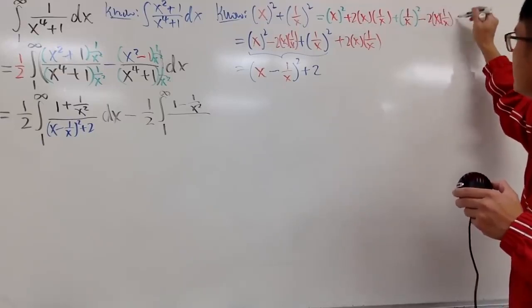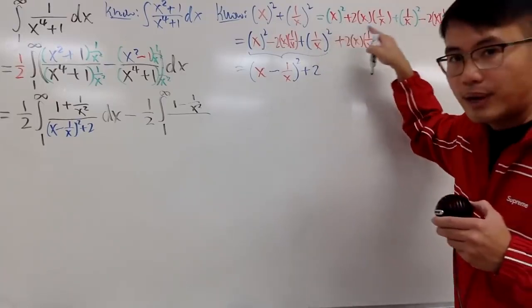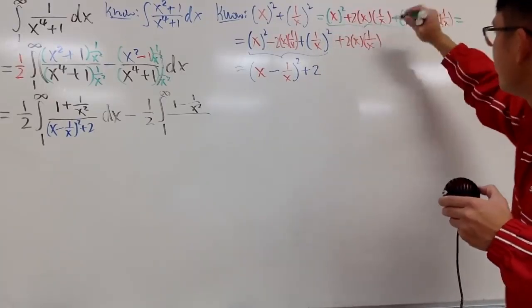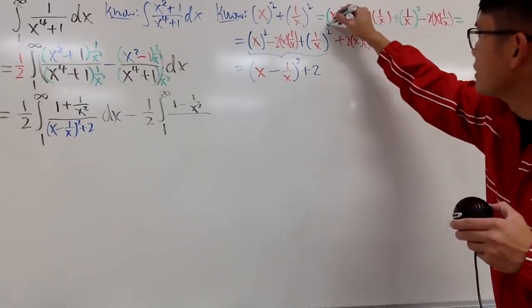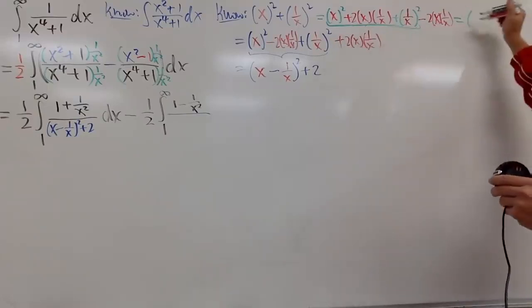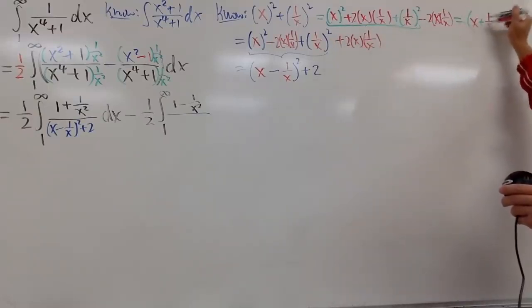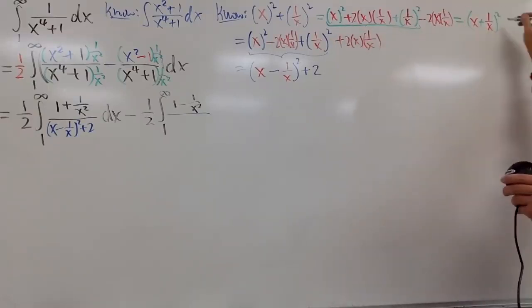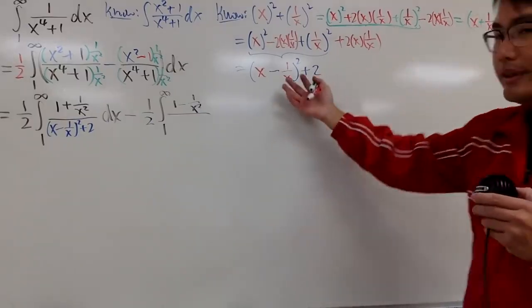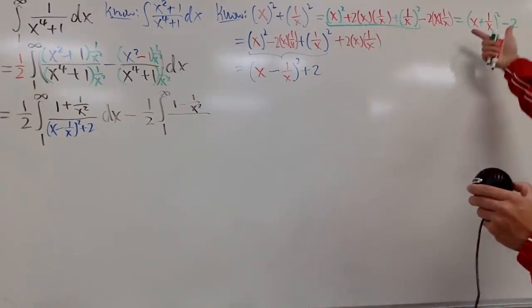And in this situation, if you add and then subtract like this, the first 3 terms you can factor. Well, it should be like this. Let me just do it like this. This right here will give me x plus 1 over x, squared, and then in the end, I subtract the 2 right there. So this and that are really similar, but you have to pair things up nicely.